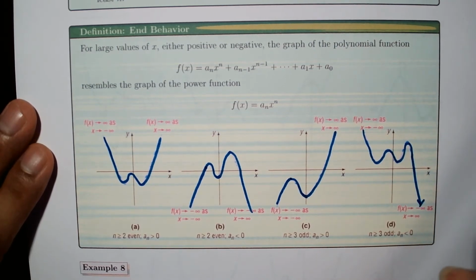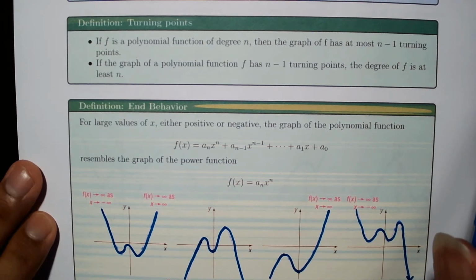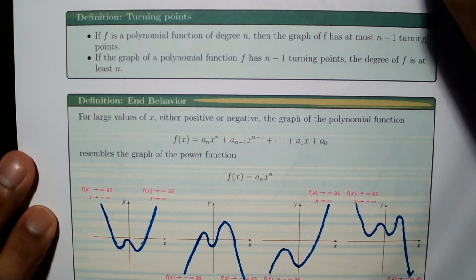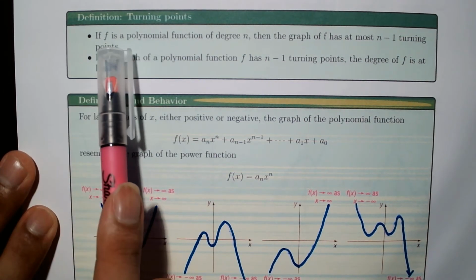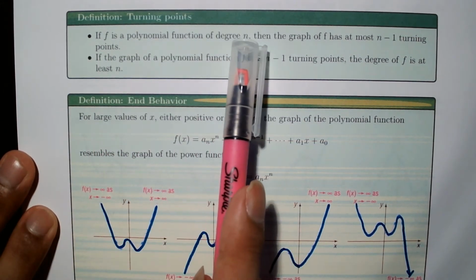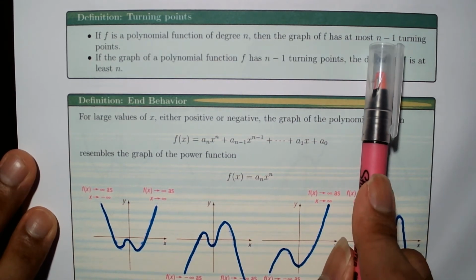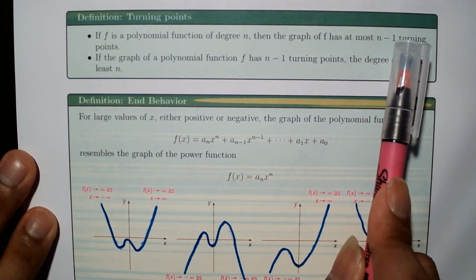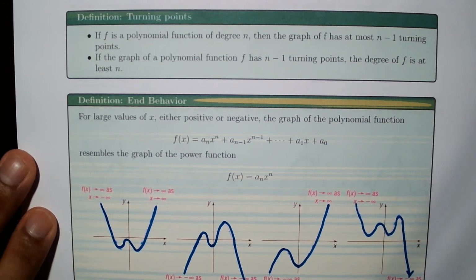And the number of turning points is given by the degree of the polynomial. For example, if we have a function f whose degree is n, then the graph is going to have not exactly n-1, but at most n-1 turning points. That means, for example, if I have a polynomial of degree 2, do you remember, it's a parabola.